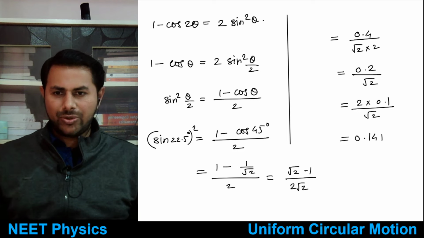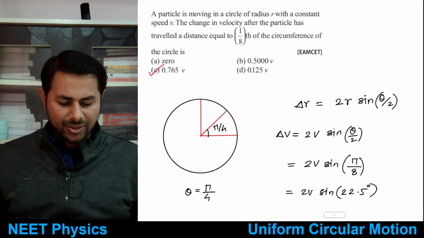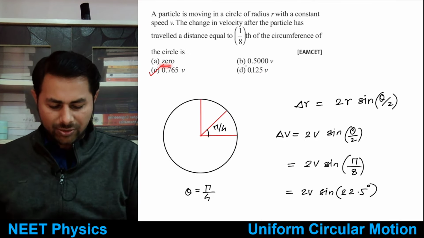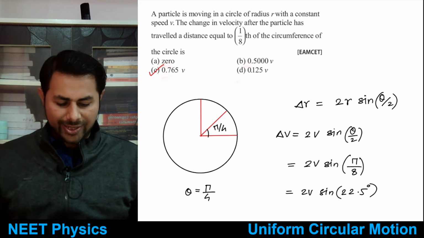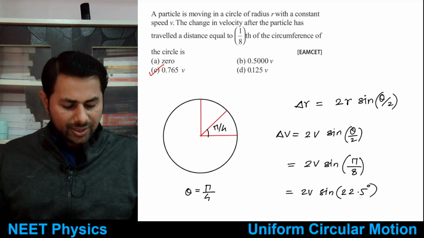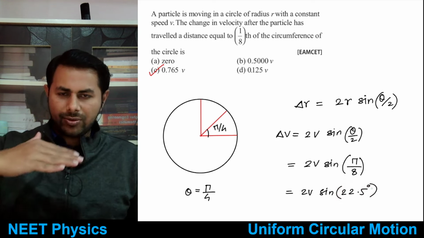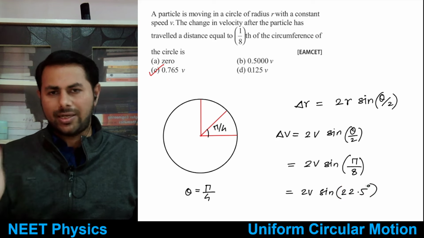Okay, but we don't have this much time, right? We don't have this much time in NEET. So if there is a question like this, what we can do is look at the options and think, okay, sine of 30 is 0.5. If I take 30 in place of 22.5, the answer should be closer to that. The value of sine goes on increasing from 0 to 90 degrees.